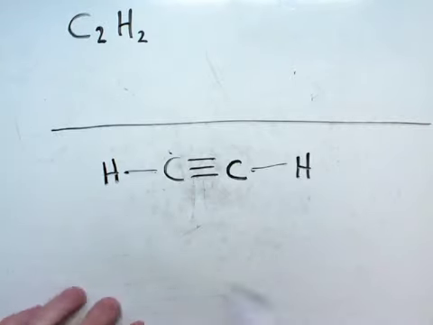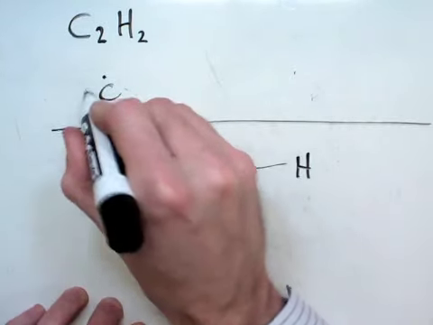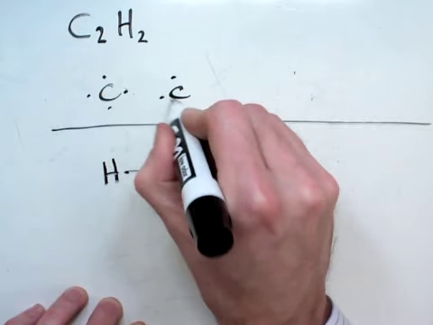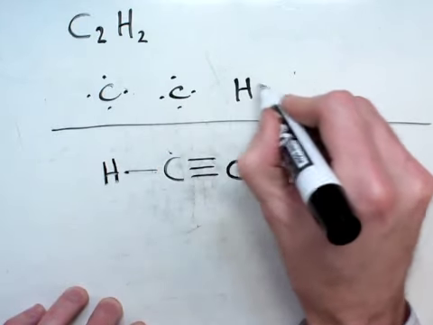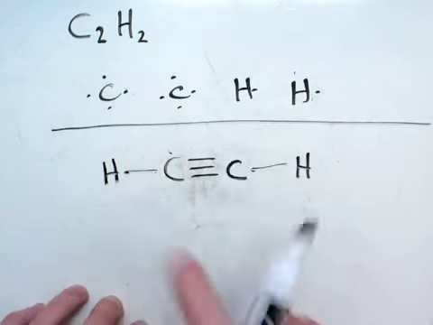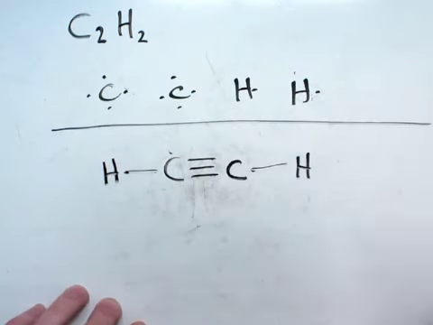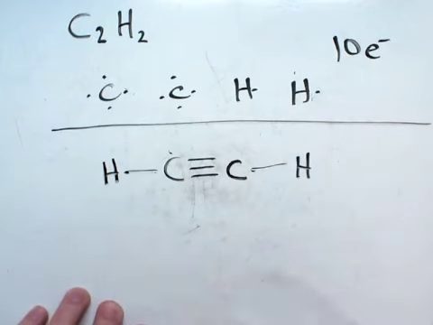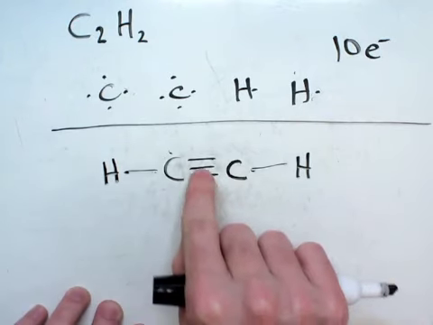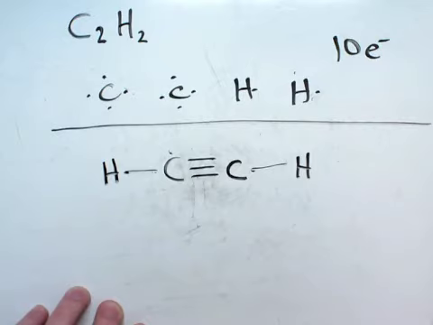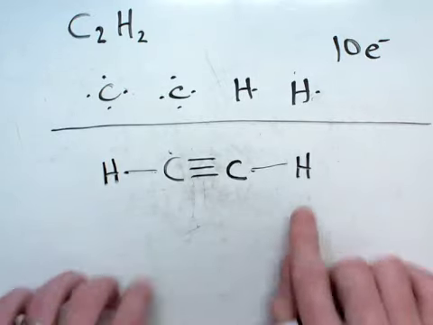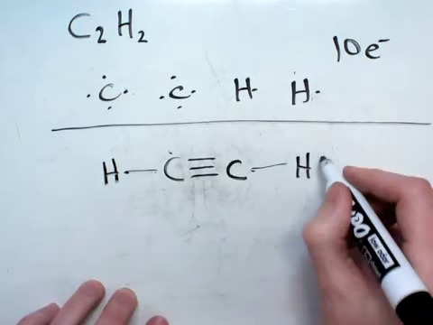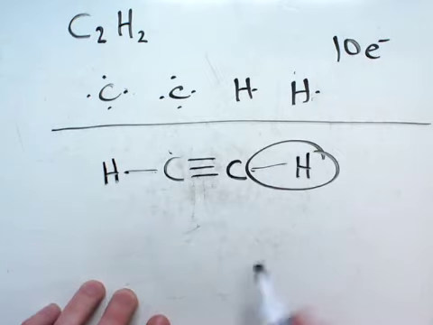Just to check our work, let's go back to our original fragments. You should have 4 plus 4 plus 2, a total of 10 electrons. Let's take a look here: 2, 4, 6, 8, 10 electrons total in the molecule. The hydrogen has 2 electrons.